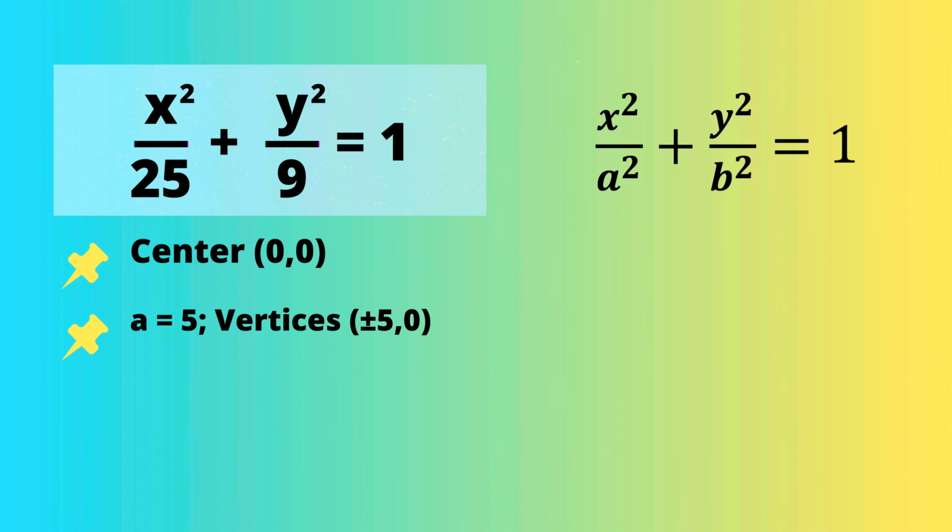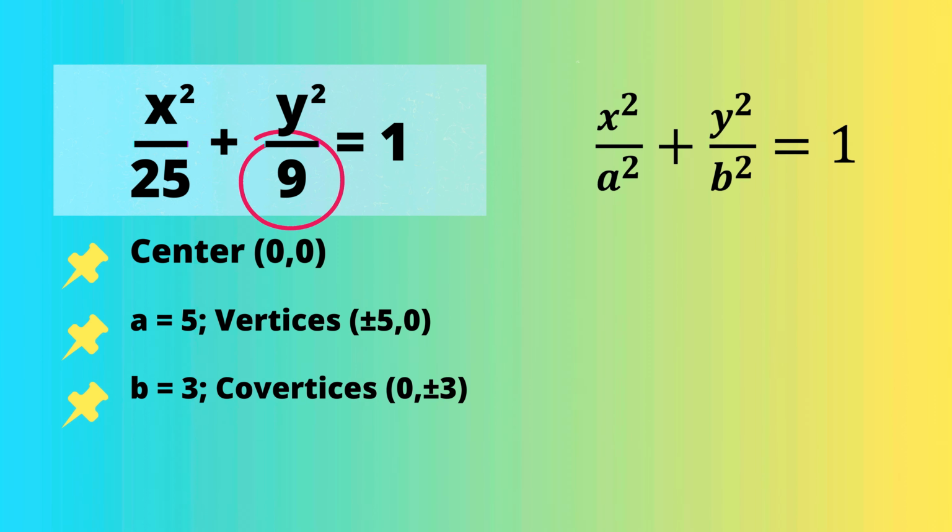With that, our vertices are at (5, 0) and (negative 5, 0), or (plus or minus 5, 0). Next, b squared below y squared is 9, hence, the value of b is 3. With that, our co-vertices are at (0, 3) and (0, negative 3), or (0, plus or minus 3).